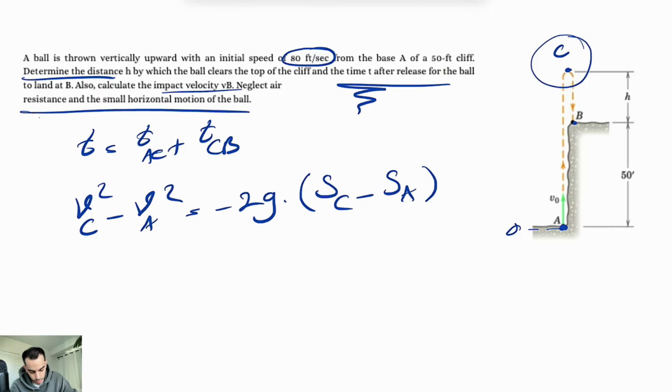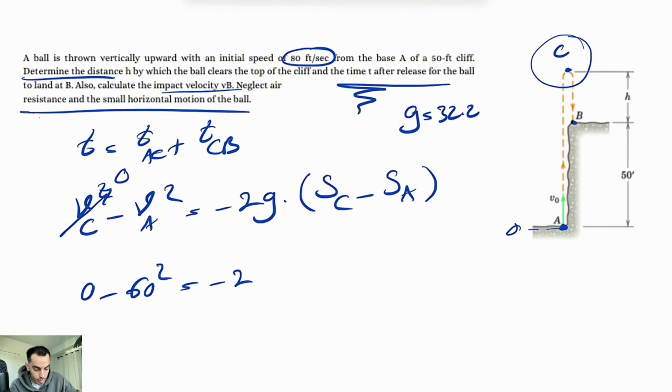VC, first of all, we know it's 0 because it's going to stop at the apex. So at point C, there is no velocity. 0 minus 60 squared equals negative 2 times g, which is the acceleration of gravity. Based on the units that we have in this question, our g is 32.2 foot per square second. It's not 9.81 because that's based on the SI units.